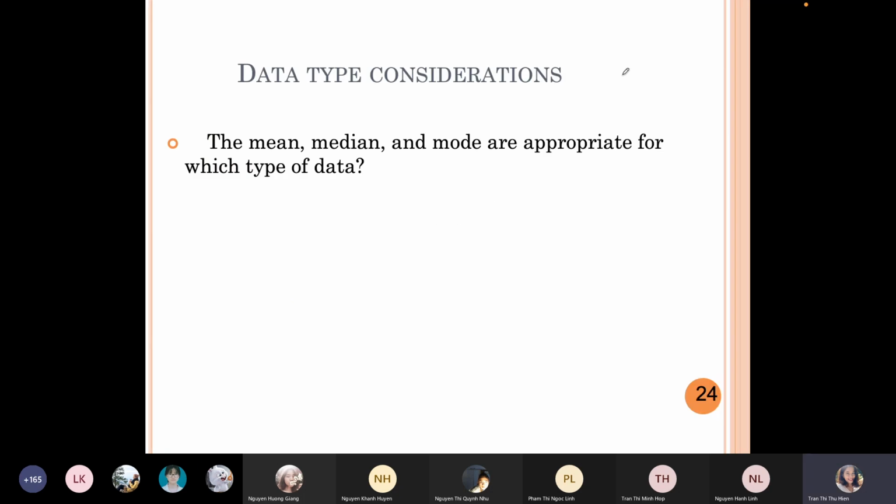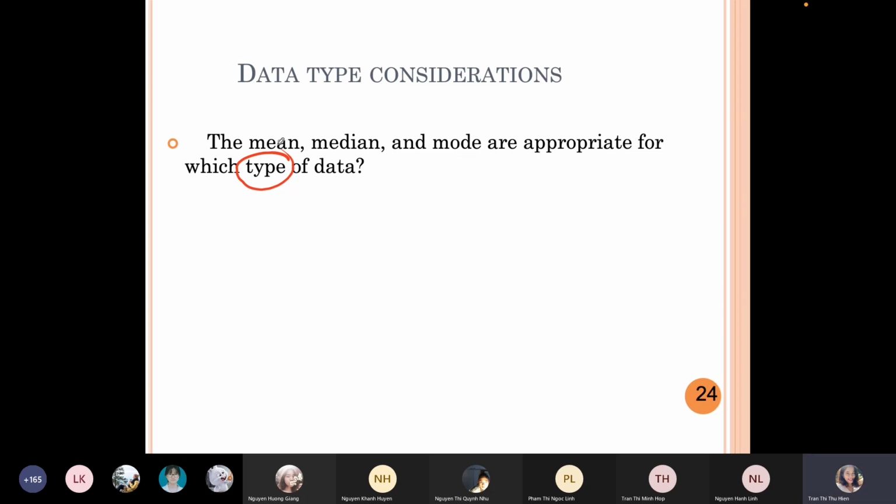The mean, the median, and the mode are appropriate for which type of data? Class? We have 2 kinds of data, right? Quantitative and qualitative.